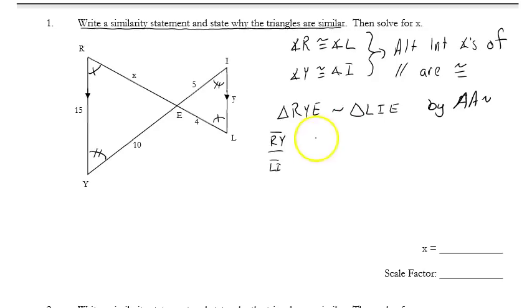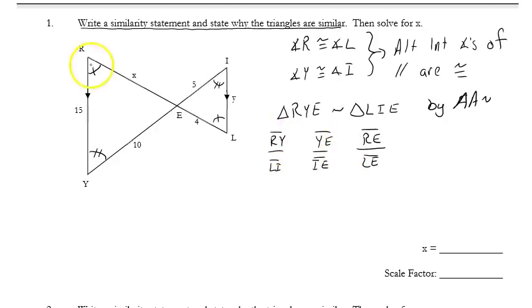That segment YE corresponds to segment IE. And that segment RE corresponds to segment LE. That's the way I know exactly how to set up all of my fractions.